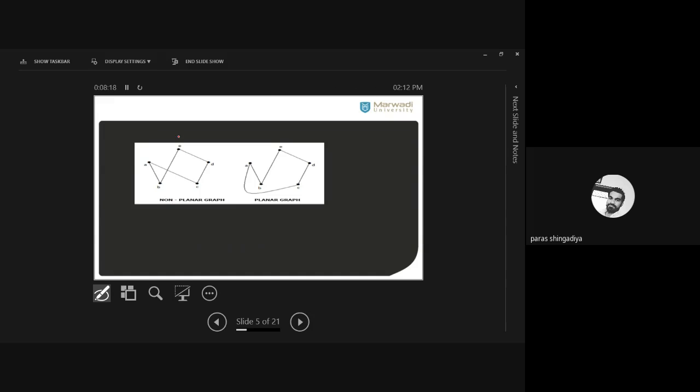Modifications to the graph to make non-planar to planar are called embedding. We just remove one of the crosses, delete these edges, and recreate them outside of the graph, at the boundary or inside of the graph, so that it looks like a planar form. So it is a planar graph.